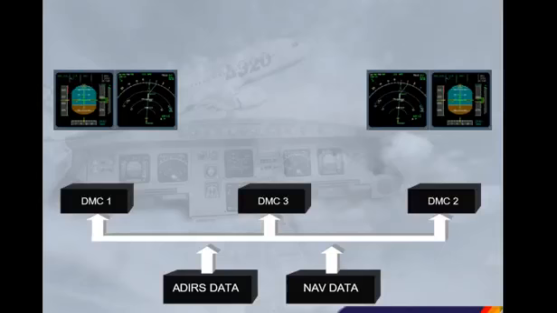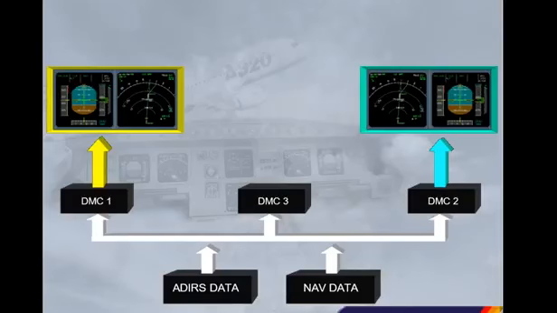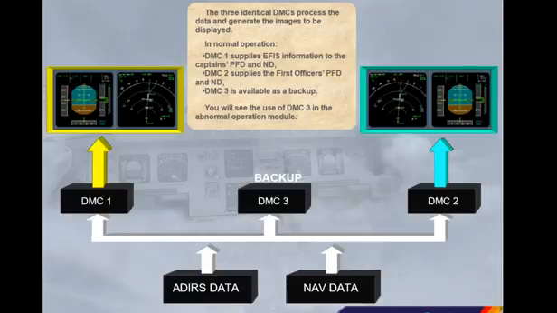The three identical DMCs process the data and generate the images to be displayed. In normal operation, DMC1 supplies EIS information to the captain's PFD and ND, DMC2 supplies the first officer's PFD and ND, DMC3 is available as a backup. You will see the use of DMC3 in the abnormal operation module.